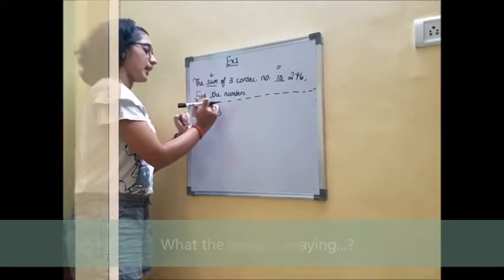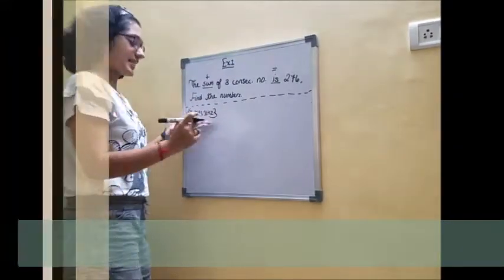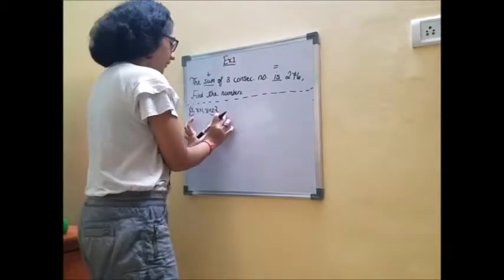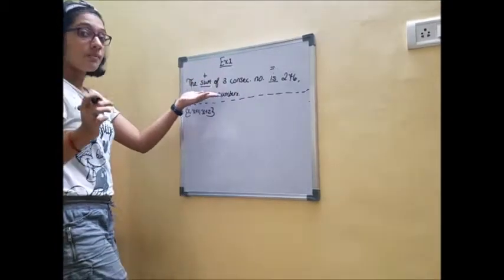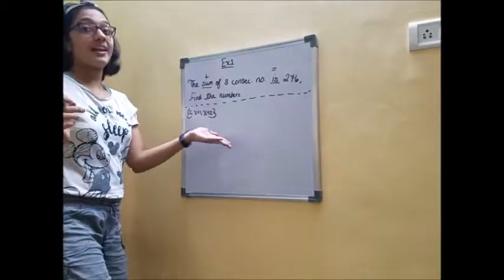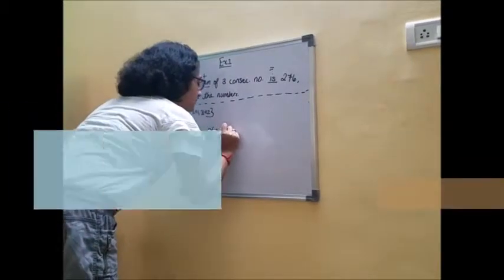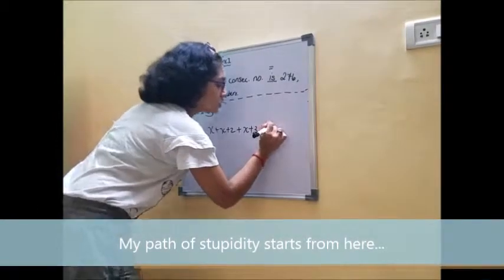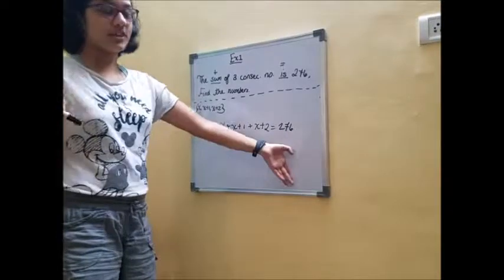Always put brackets around x plus 1 and x plus 2 to get full marks. Now we are going to set all of these equal to 276. Since this says sum, we are going to add these 3 together and equal them to 276. So it's going to be x plus (x plus 1) plus (x plus 2) equals 276.